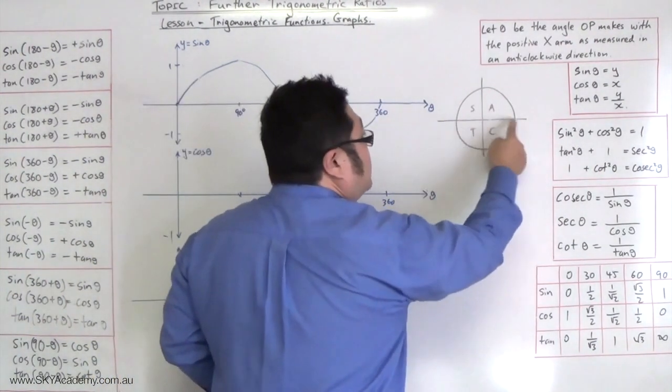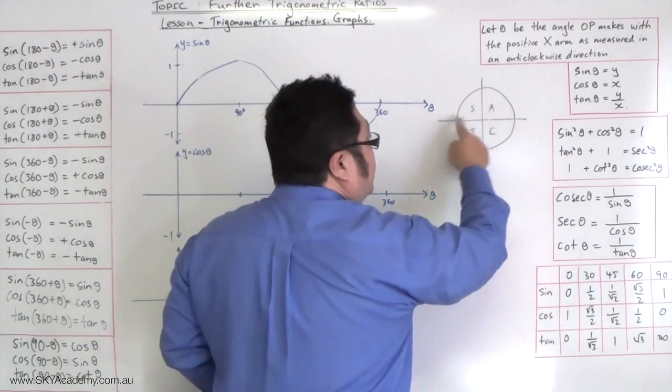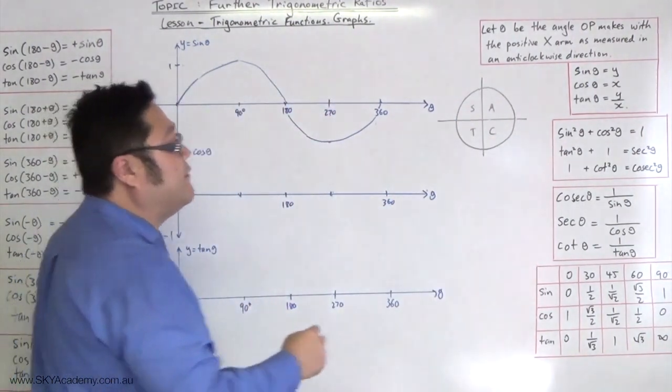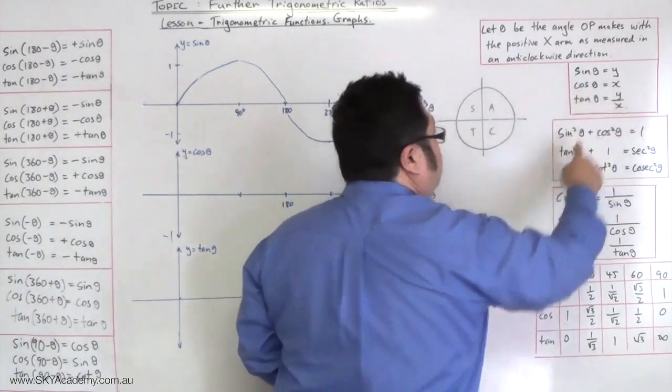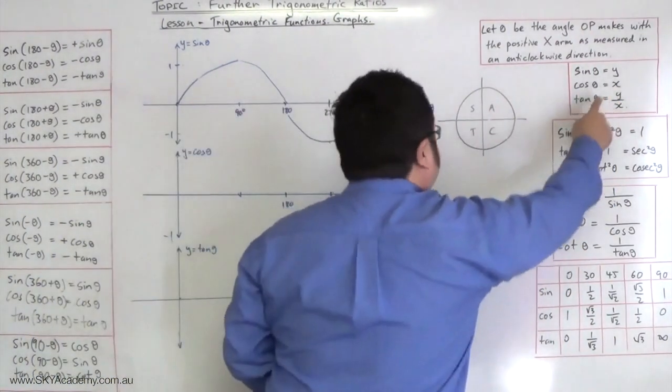Because what we're doing is measuring how far across to the left or to the right the graph is going, because cos theta is equal to the horizontal displacement x.